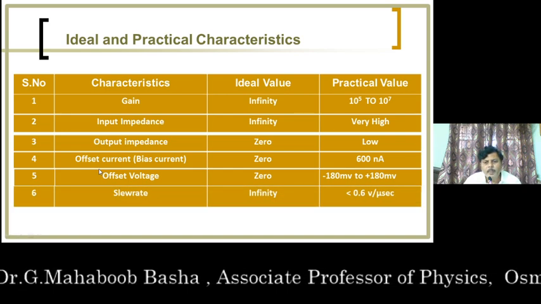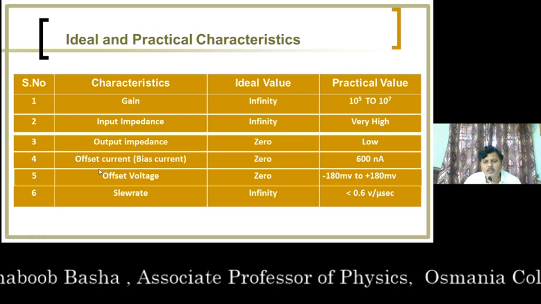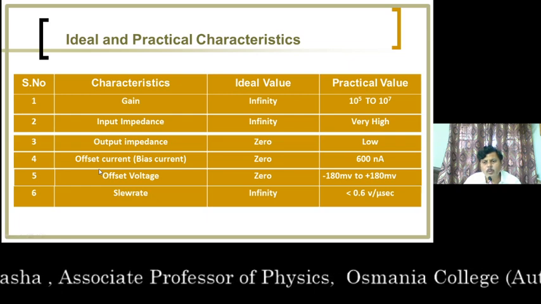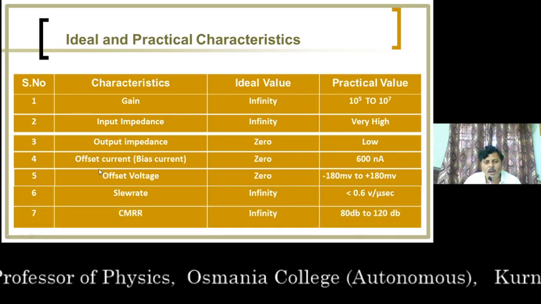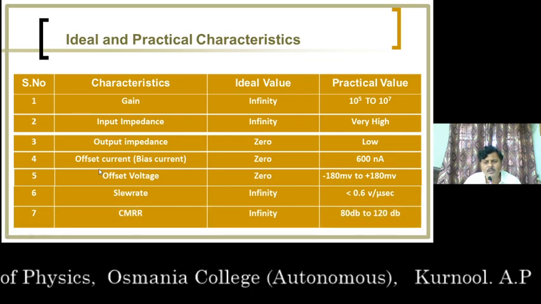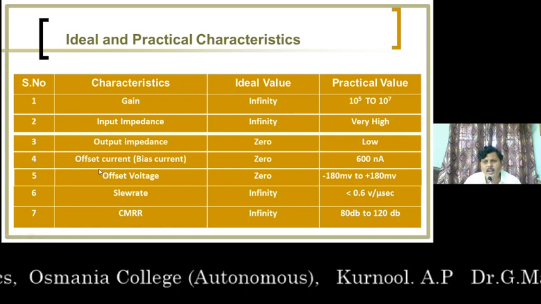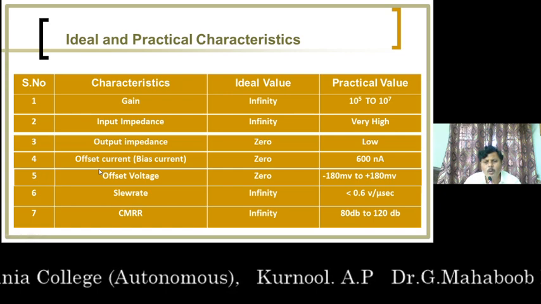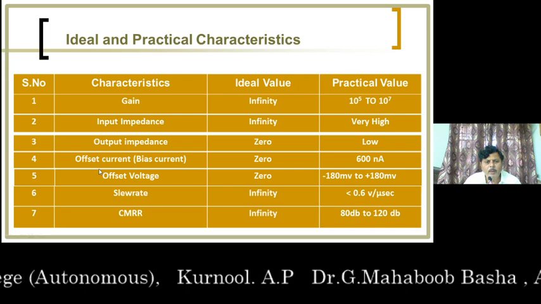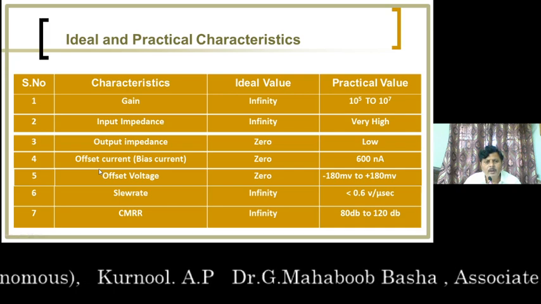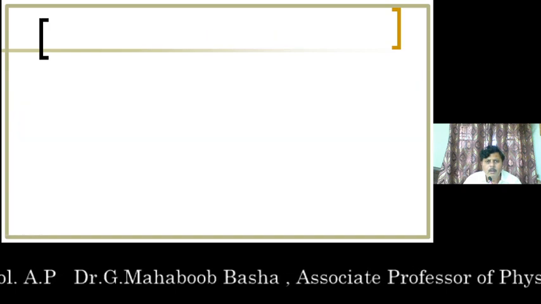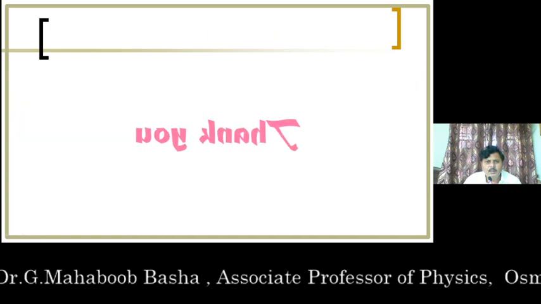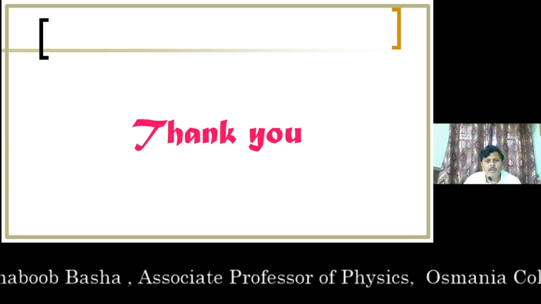Slew rate: its ideal value is infinity, practically it should be less than 0.6 volts per microsecond. CMRR: its ideal value is infinity, practically its value lies between 80 decibel and 120 decibel. These are the very important parameters of IC741. So in the next session we will see inverting amplifier and non-inverting amplifier.